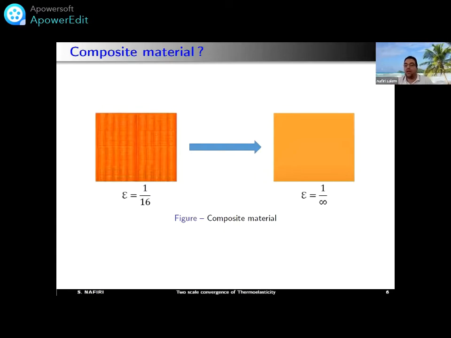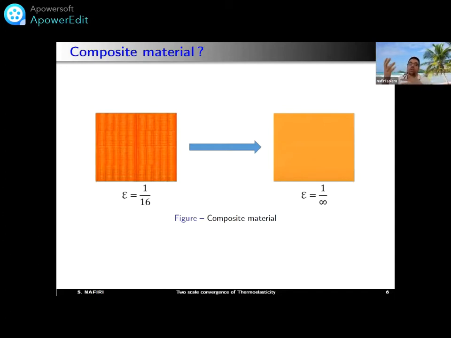Another example can be from the aircraft industry. If you want to make the body of a plane and you consider a pure material, it will be heavy. So what is the solution? You have to consider a structure, a material which is lightweight but strong. It may seem contradictory, but with the theory of composites it is possible, and even mathematically it is possible.